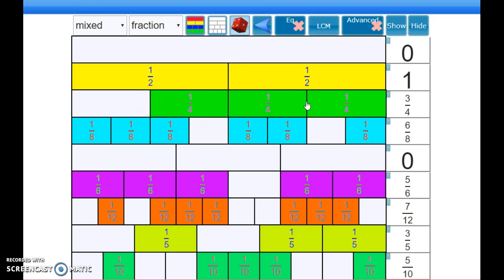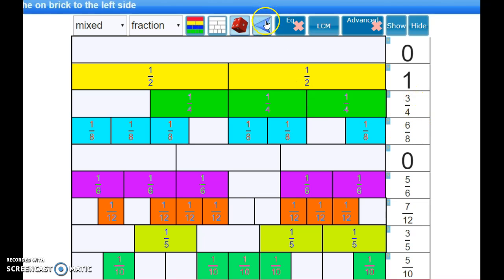So I'm going to go with 3/4. And I happen to know that there is an equivalent fraction for 3/4 right here, and that's 6/8. So if I thought 3/4 was right, then I have to pick 6/8 because 6/8 and 3/4 are the same thing. So my choices are 5/6, 3/4, and 6/8.